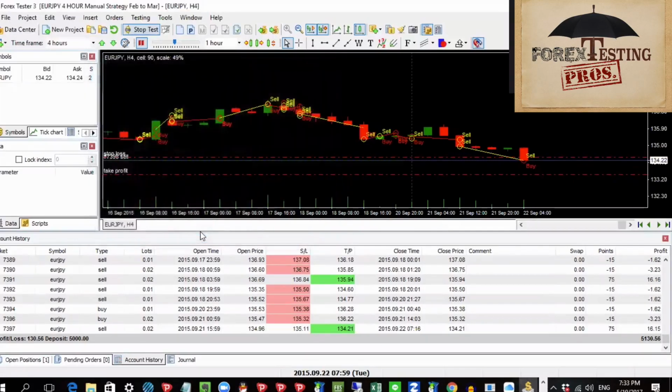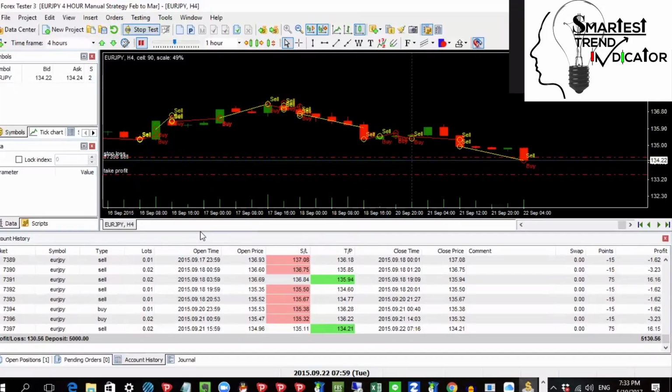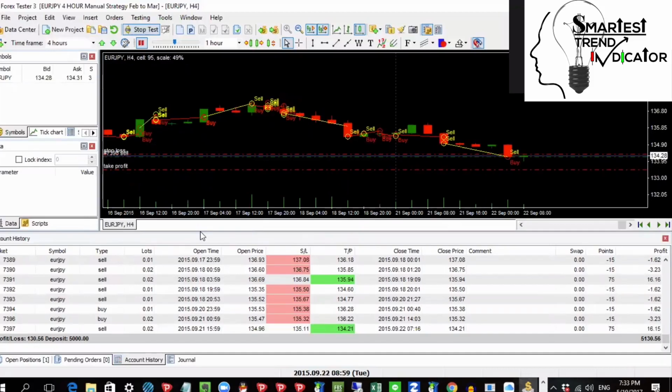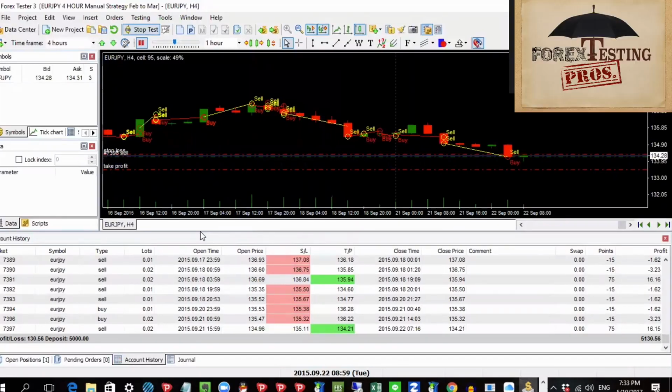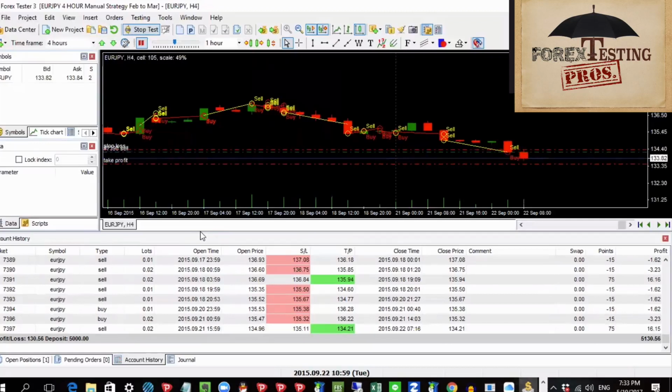I want to give away value, so people will make money and say, wow, this is really good, and this is without the smartest trend indicator. So it's going to be that much better for other people, and they're not going to get stopped out. Like you see, I've been getting stopped out a lot of times. I'm not going to get stopped out as many times. But if you just do it this way that I'm doing it here, you'll still do great. You'll still do great, which is amazing, right? Two, three, four.